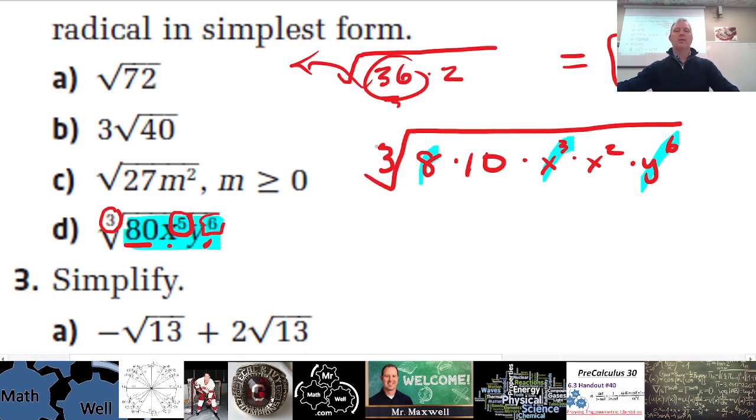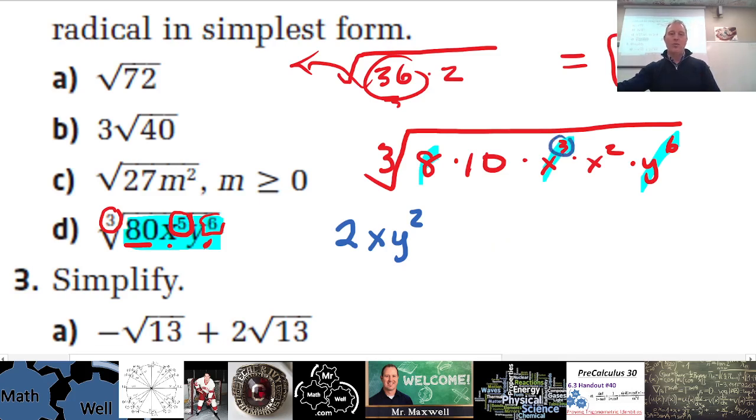Now what we do is we understand that 8 can get out of the cubed root club, and it comes out as a 2. X cubed can get out of the cubed root club. It comes out as simply an x, right? Because x times x times x gives you x cubed. And y to the 6 comes out of the cubed root club as a y squared, because y squared times y squared times y squared is y to the 6.